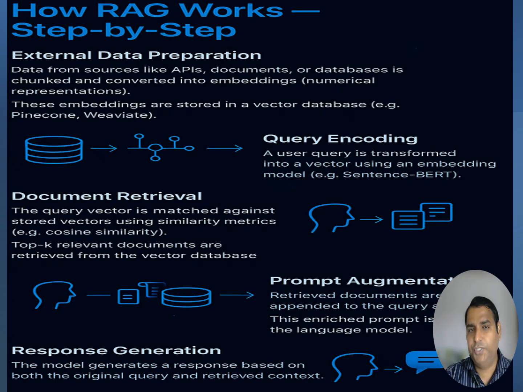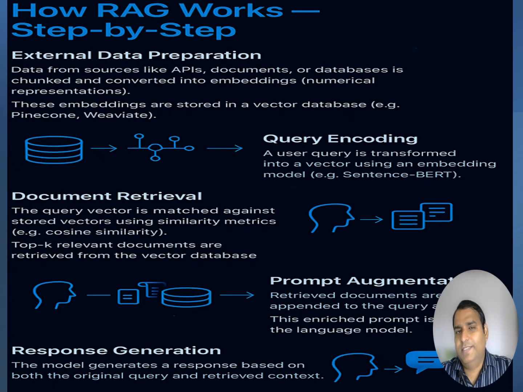Each chunk is converted into a vector embedding using an embedding model, which can be Sentence-BERT and so on. And then these embeddings are stored in a vector database. In the coming section, we'll discuss more details on what a vector database is. The end goal of this first step is to enable fast semantic search based on meaning, not keywords.